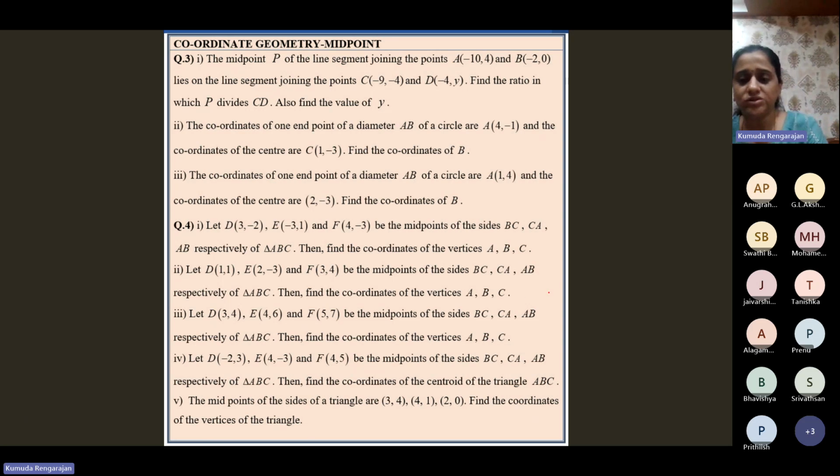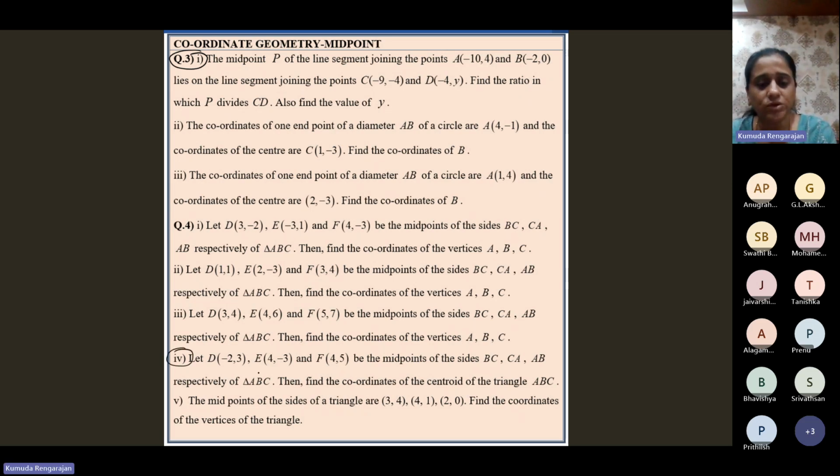Please work the 4th subdivision in question number 4. We'll start from here, children. Please work this one, and then this one.